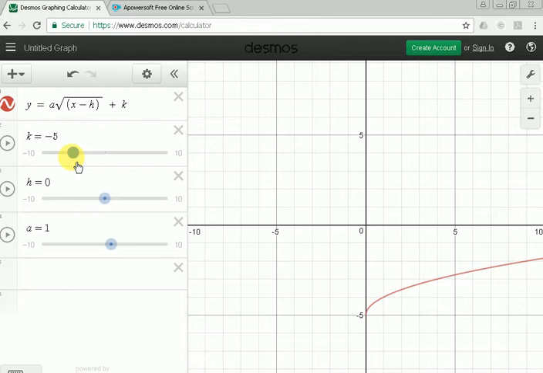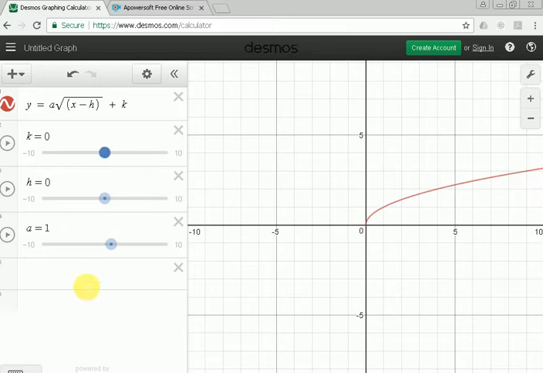Greater than or equal to -5. Right. Visually here, my graph is at -5 and then it goes upwards. Do you have any questions about the transformations at all? No questions?